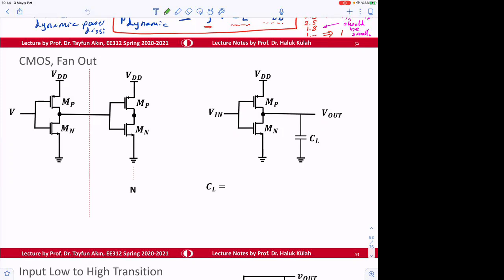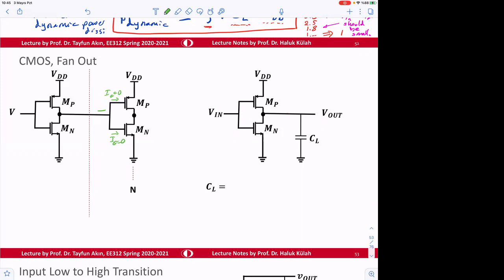Since the current here is 0, IG is equal to 0. Therefore, the current is not limiting our device.